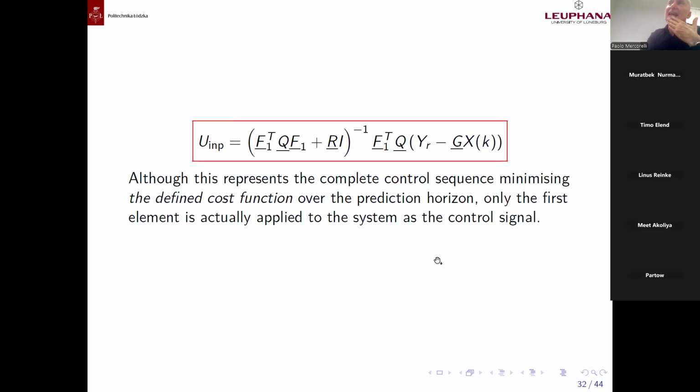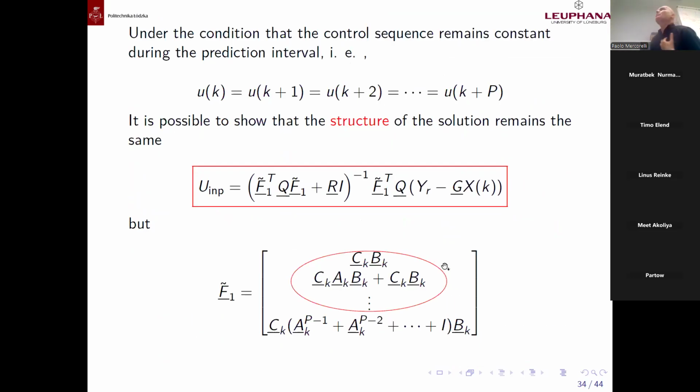Yeah, sometimes, in order to simplify the calculations, because very often we have a system with slow dynamics. Sometimes the sample times could be very small, and then the changes between UK plus one and so on are relatively small.